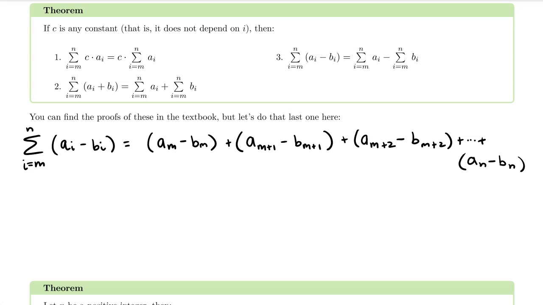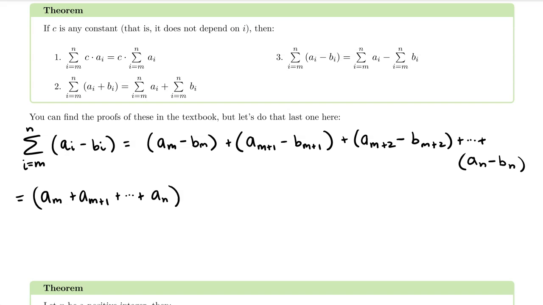And that's going to be the last term there. So what I can do now is I can just drop the parentheses and I can group all of the a terms together. So I have a sub m. So those are all of my a terms.